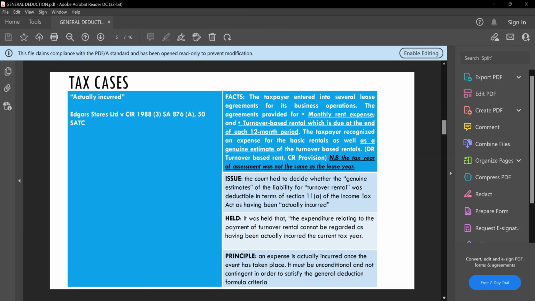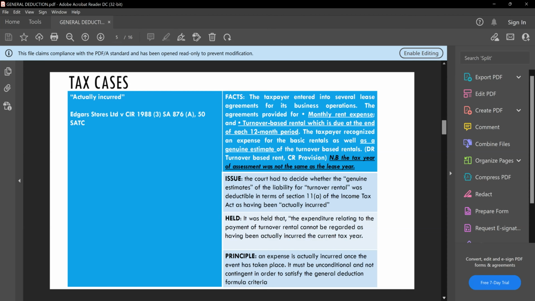Now, I just want to mention that the year of assessment of this company and the lease year end were not the same, right?